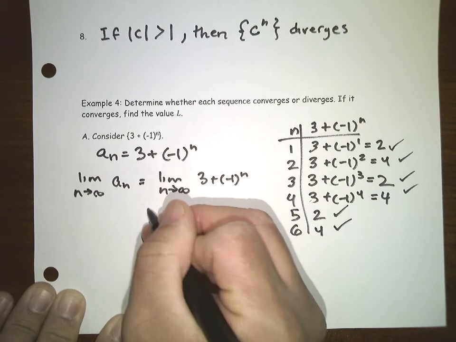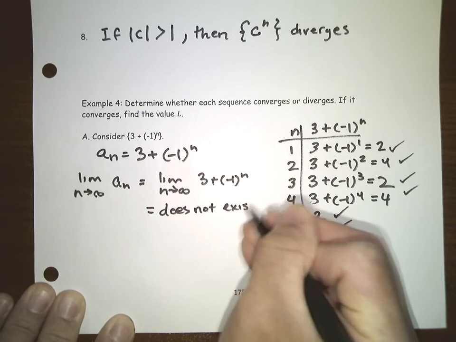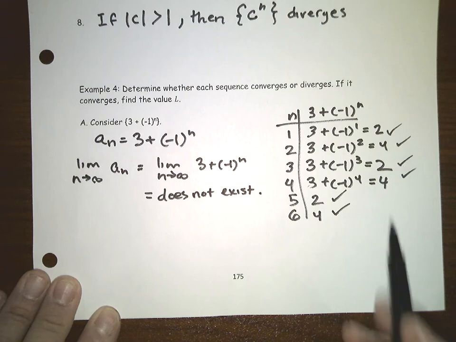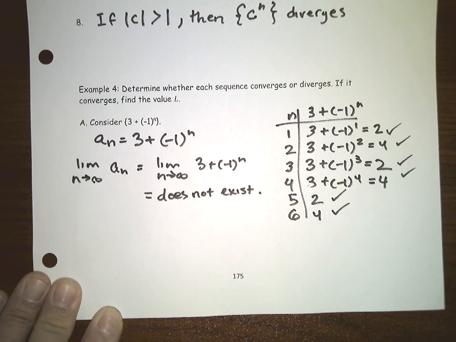So that means this limit does not exist because the terms keep on alternating between 2 and 4 and don't go to any particular value here.